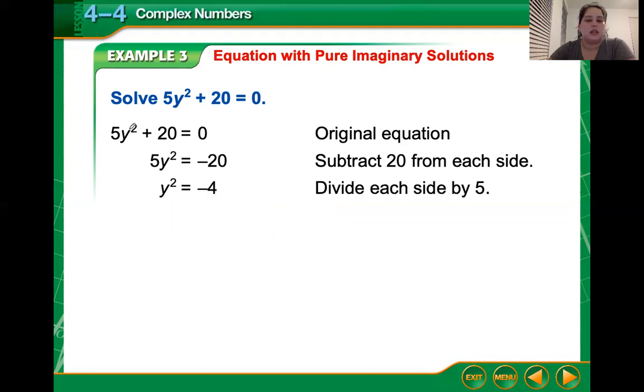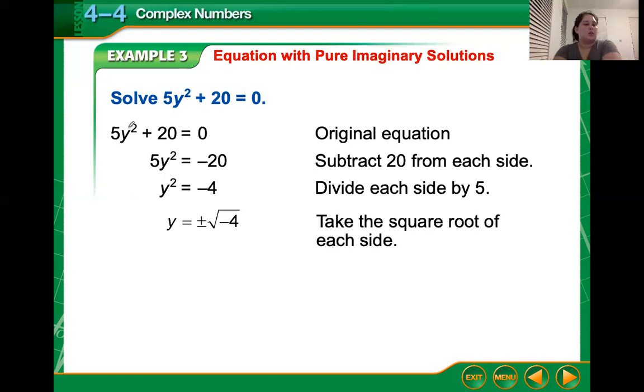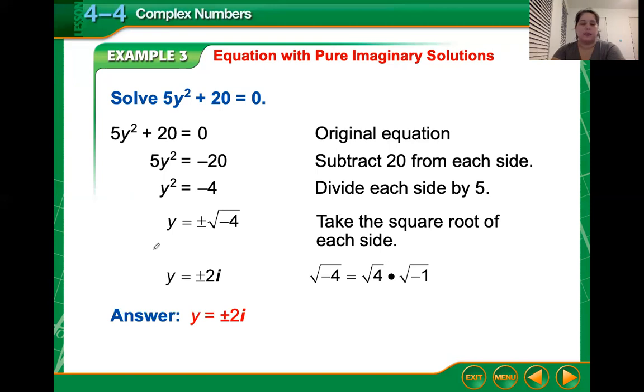We're then going to divide each side by 5 to get y squared equals -4. And to undo a square, we take the square root. So we square root both sides, and we get plus or minus the square root of -4. And then we simplify that to plus or minus 2i, because the square root of 4 is 2, and the square root of -1 is i. So y equals plus or minus 2i.